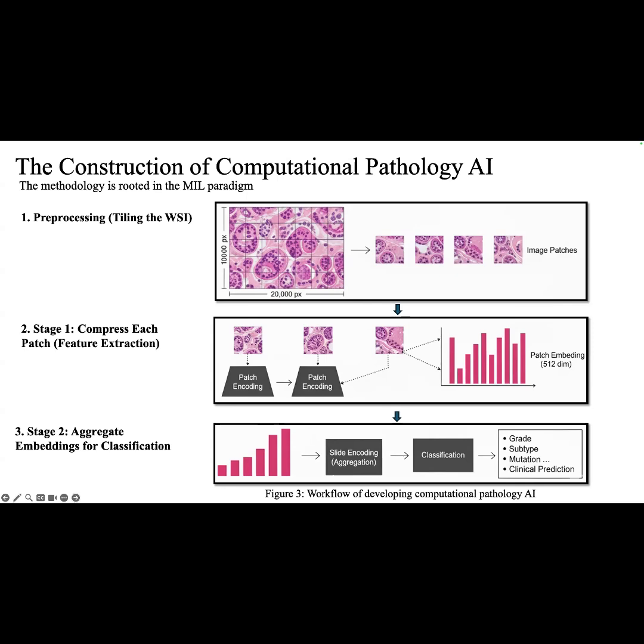So the neural network can extract patterns from those images like cell shapes, tissue structure, and color. In step 3, we combine information from all those patches to make a final prediction for the whole slide, whether it's diagnosis, prognosis, or molecular features.